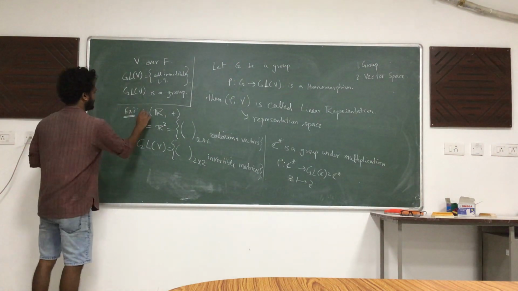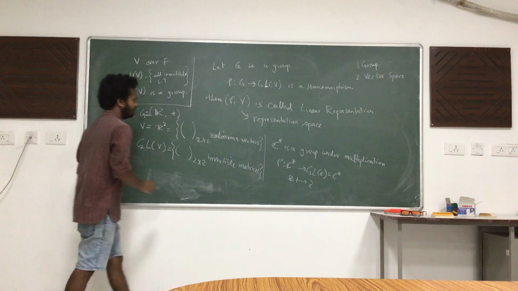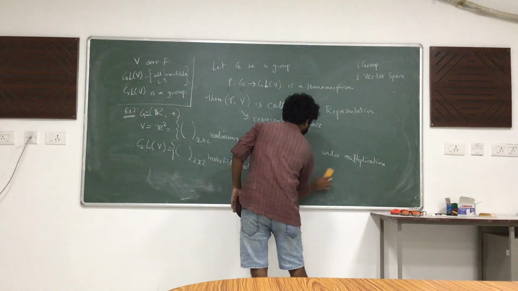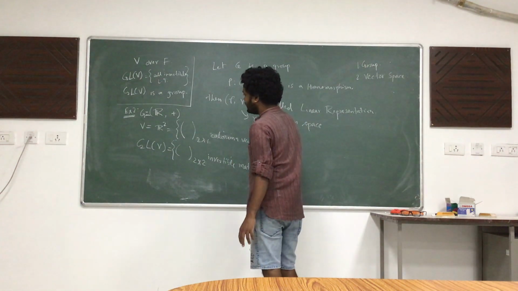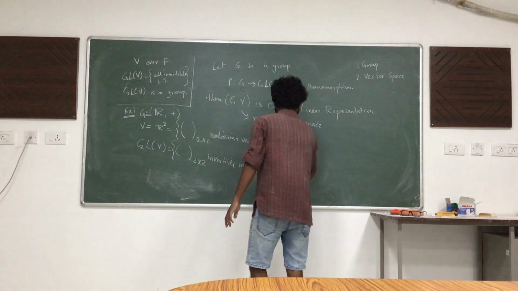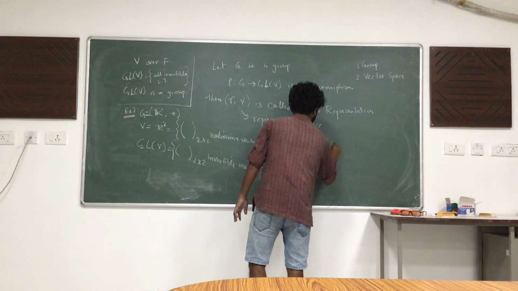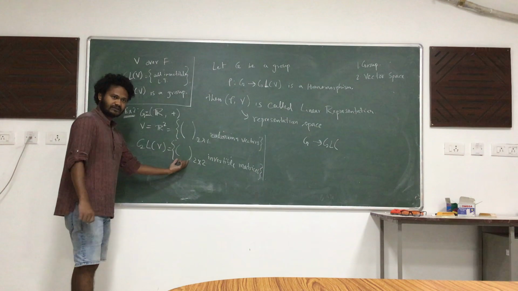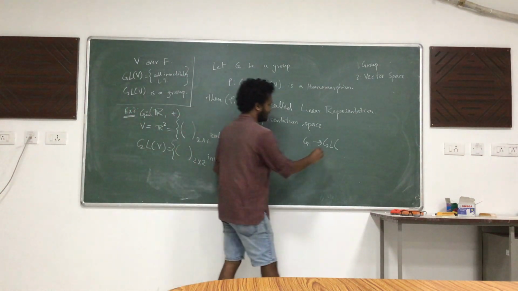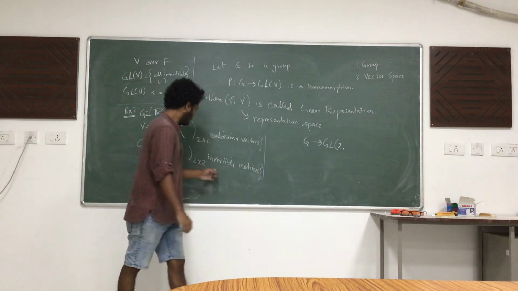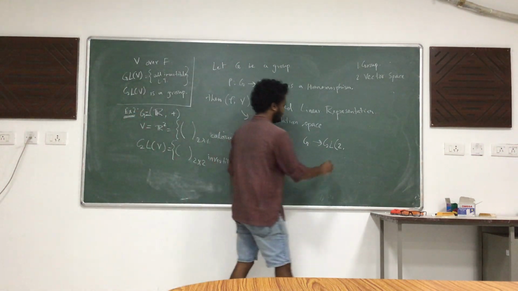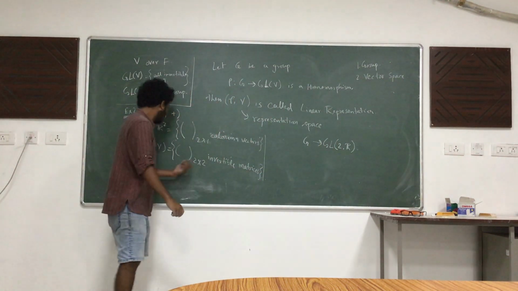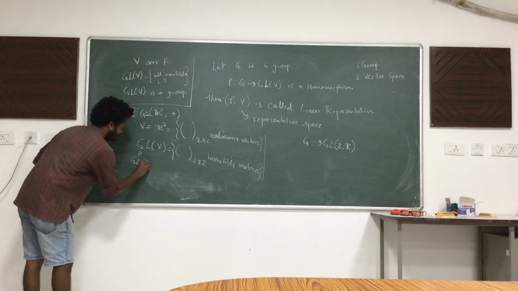So now let us give a map from G to this GL. When this is realized in the matrix form, it is generally written with the dimension n cross n, then n, and the field. So in this particular case, GLV is nothing but GL 2R.